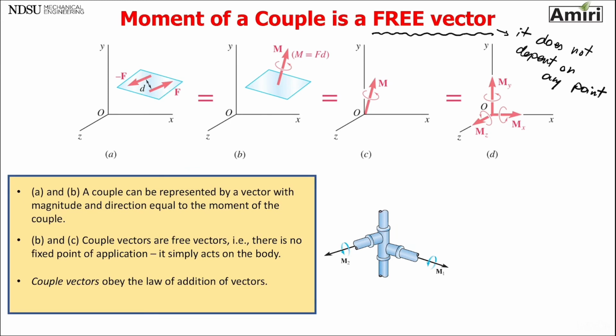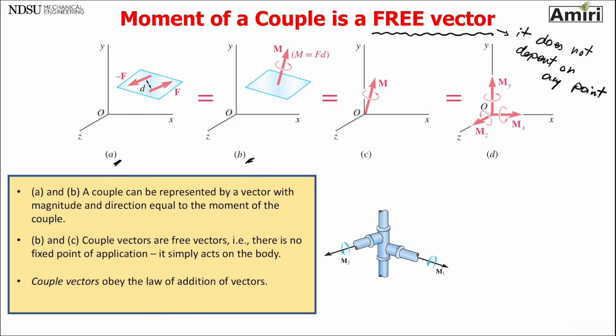So let's look here. Look at A and B. For A and B, you can take a couple. These two are parallel, same plane, distance d, opposite direction, same magnitude. So you can take these two and replace them by an equivalent moment.